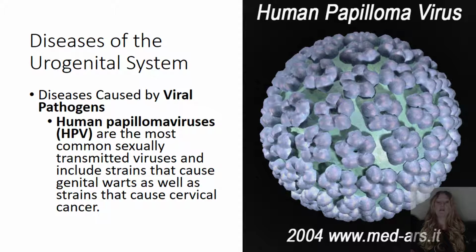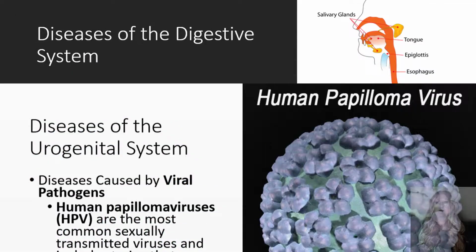Another viral condition is the human papillomavirus, or HPV. It is the most common sexually transmitted virus and includes strains that cause genital warts as well as strains that can lead to cervical cancer and other cancers as well.